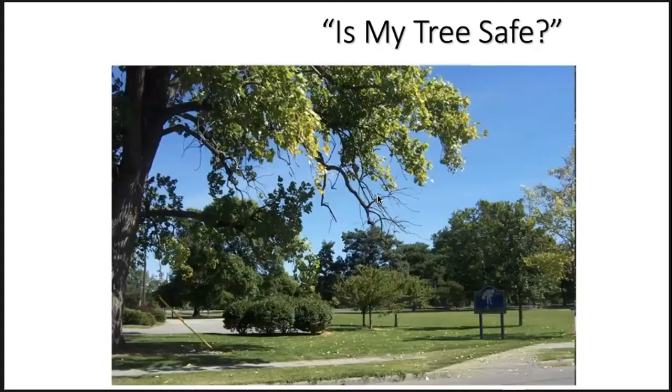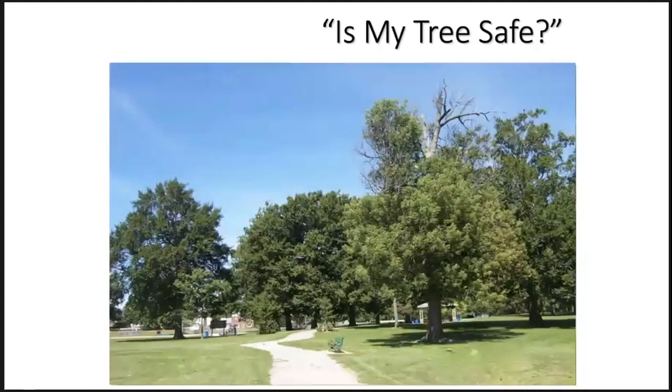Even something as simple as this little branch hanging over this walking trail can present a level of risk that's perhaps unacceptable to that park or to that municipality. Same with this dead top in this tree. And you see this bench and this walking trail. One of the things that we'll talk about is, in order to have risk, you have to have a target.